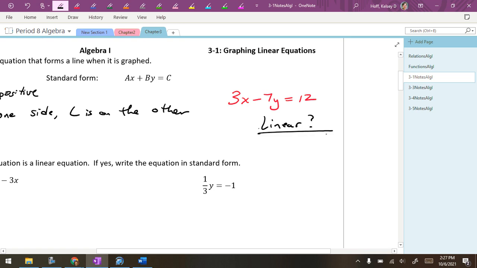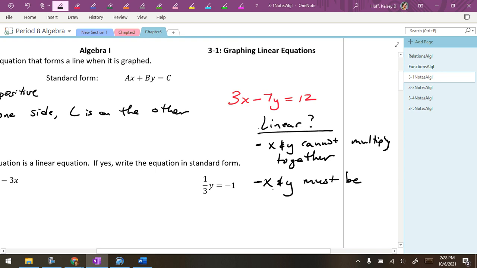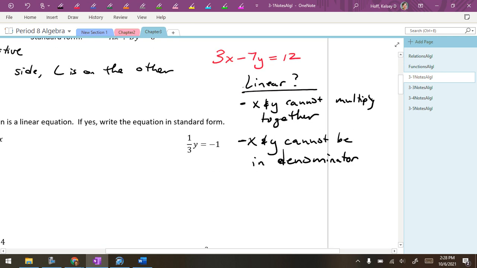To determine if something is linear, x and y cannot multiply together. X and y cannot be in the denominator.